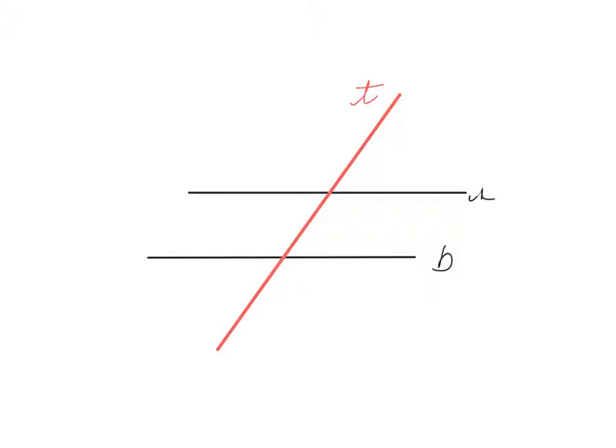So that's transversal. Also, once you have a transversal, I'll do it nicely with my keyboard rather than my handwriting. You notice that you are creating how many angles here? Let's see. If I put angle 2 there, and then I can have angle 3 here, and angle 4 there.